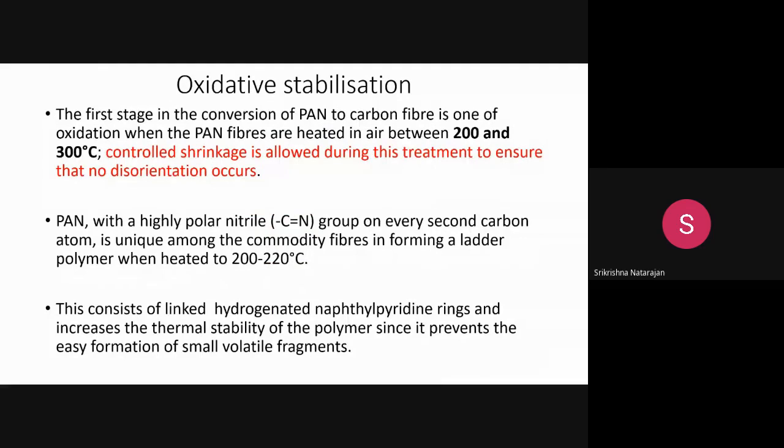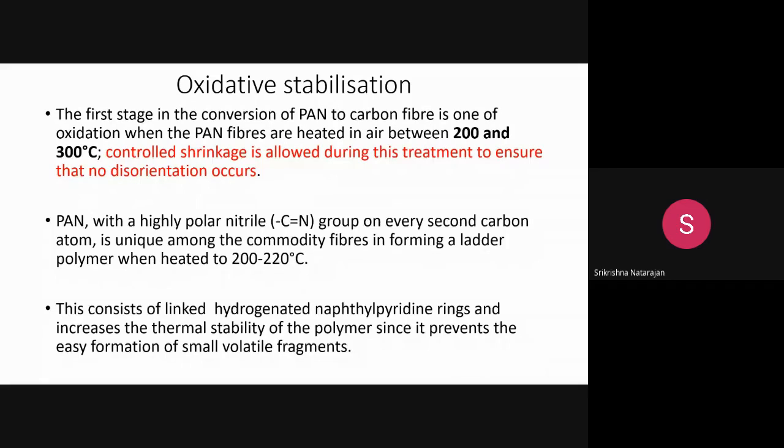Here you take the polyacrylonitrile fiber and expose it to an oxygen environment, where you apply a high temperature between 200 to 300 degrees centigrade, so that you allow the shrinkage to happen and there is no disorientation. You heat the polyacrylonitrile. You know what polyacrylonitrile is? It contains the C triple bond N, the nitrile groups, which are polar groups.